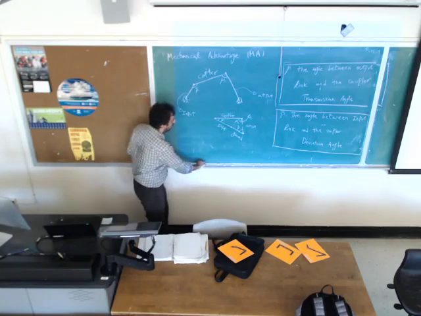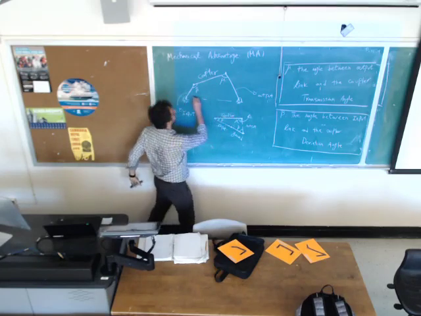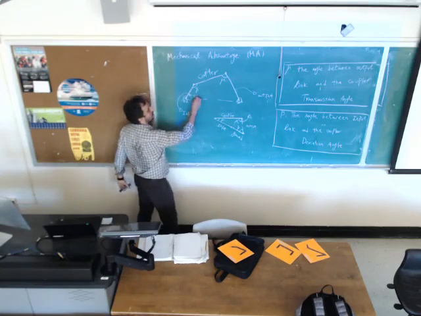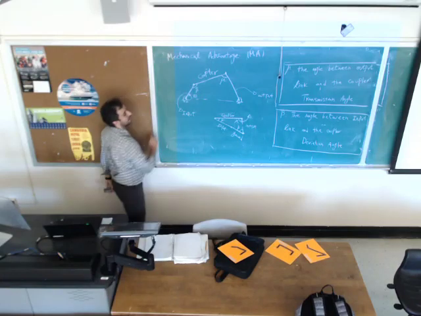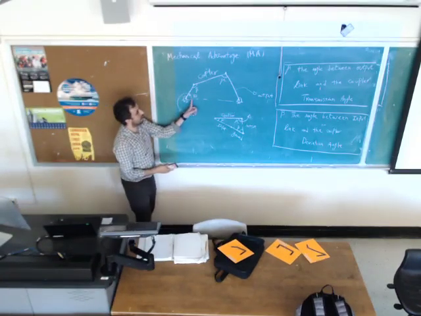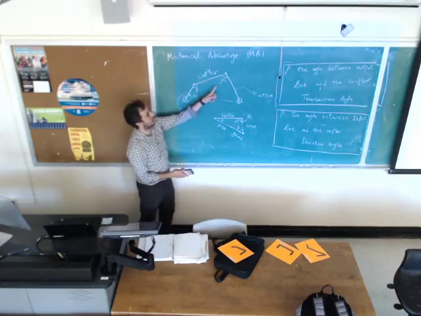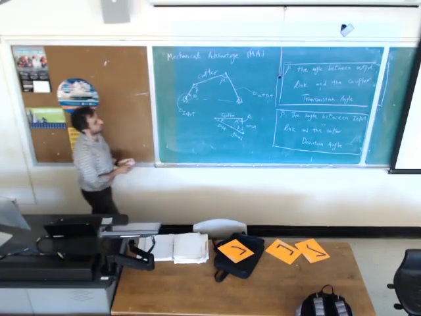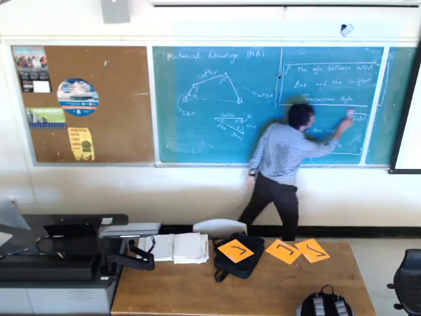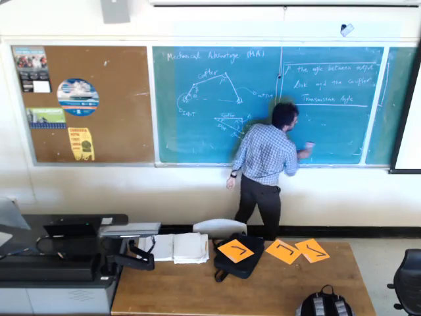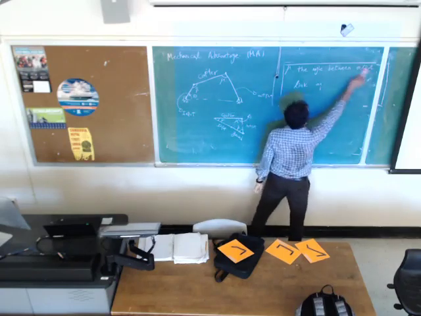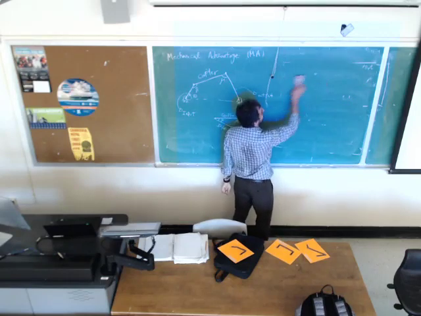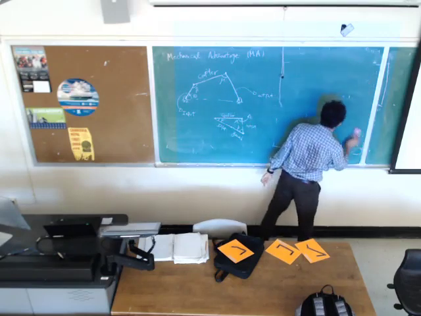If this angle is theta, the angle between input and the ground, then at different values of theta, mu is going to change. So we would like to find what would be the extreme value for mu, or transmission angle, or what would be the mu max and mu min.